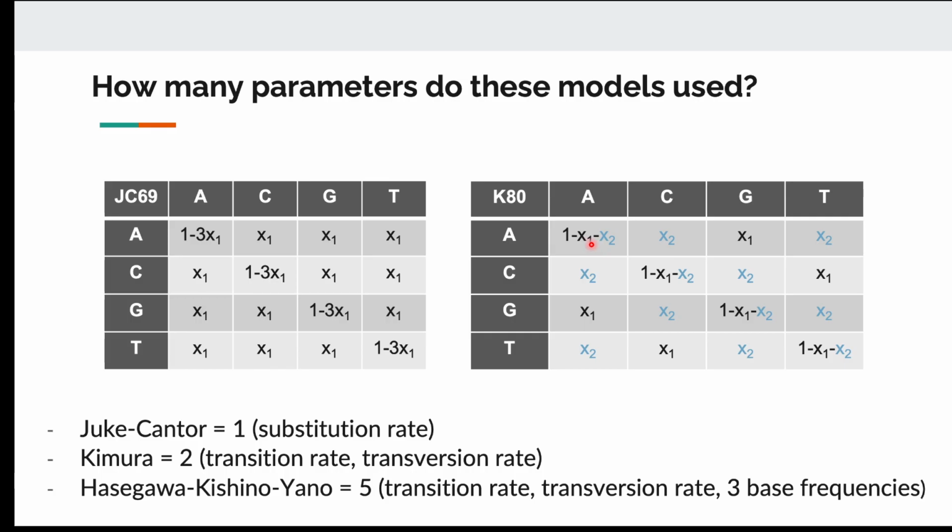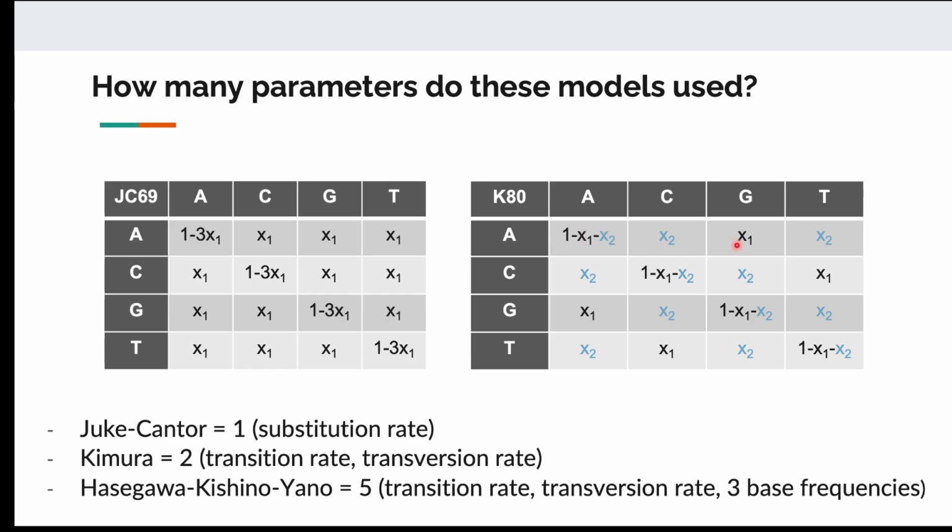If it's a nucleotide across group, then we get x2. And the diagonal, I forgot to put 2 here. It should be 1 minus x1 and then minus 2x2. So the diagonal, we can fill in with whatever complements the other numbers. So this Kimura model, people also call it the Kimura 2-parameter model because it has 2 parameters.